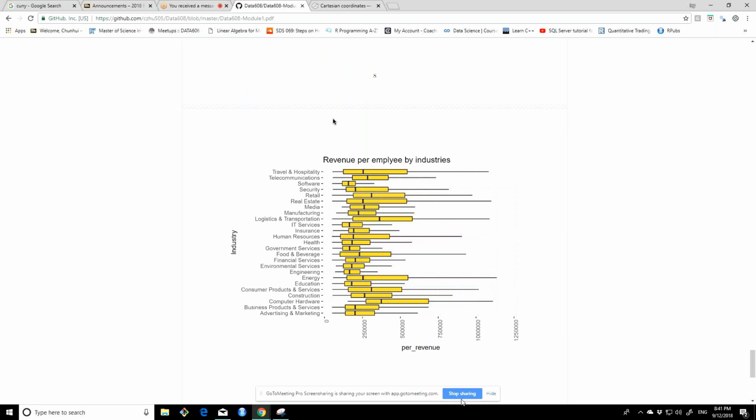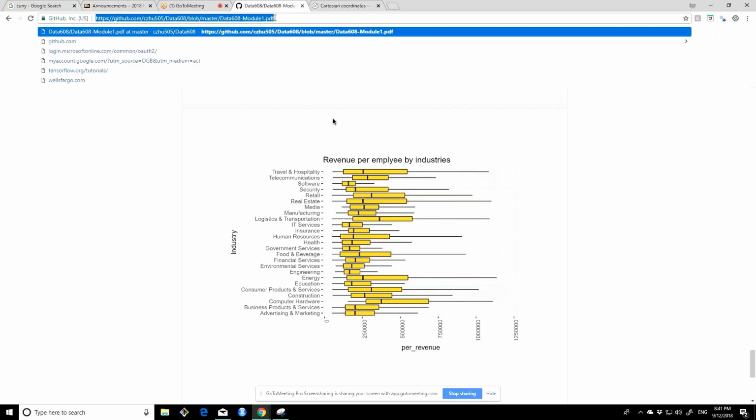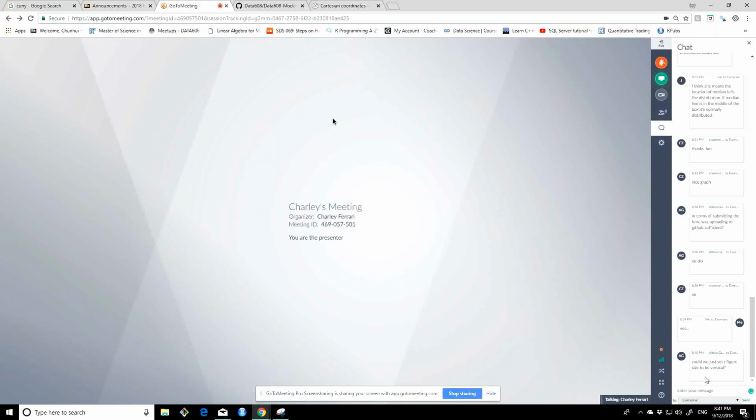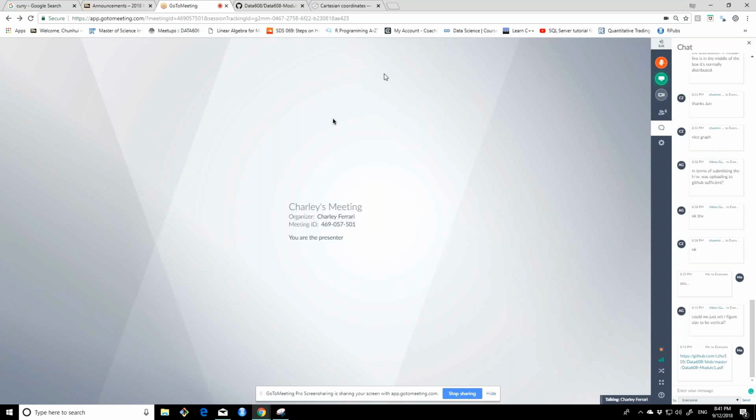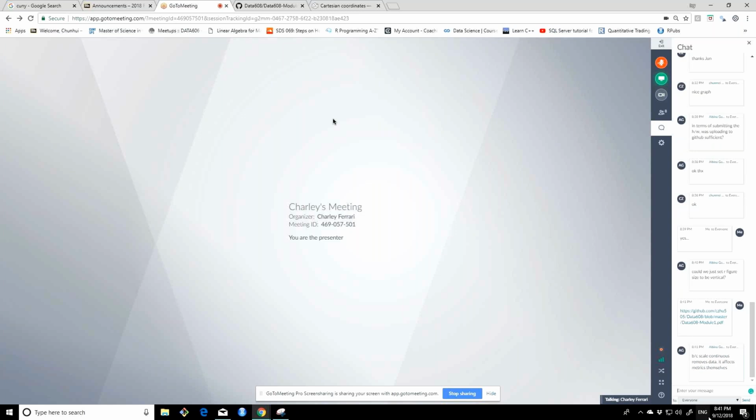Yeah, and that's a really great strategy. Actually, by doing that you could see that Chunhui's plots are giving you more information about the distribution than my plot. And yes, Albina, you're right that it removes data, so it's affecting the metrics themselves.